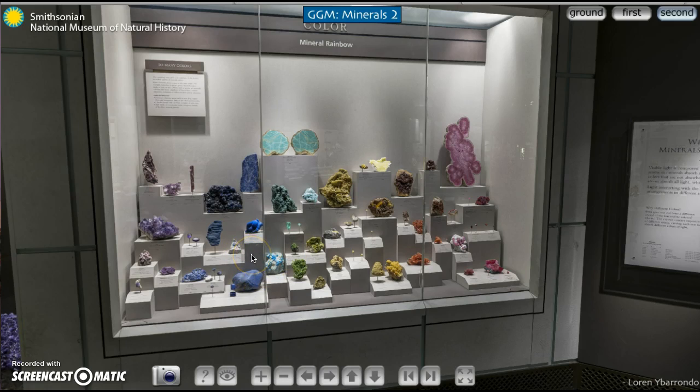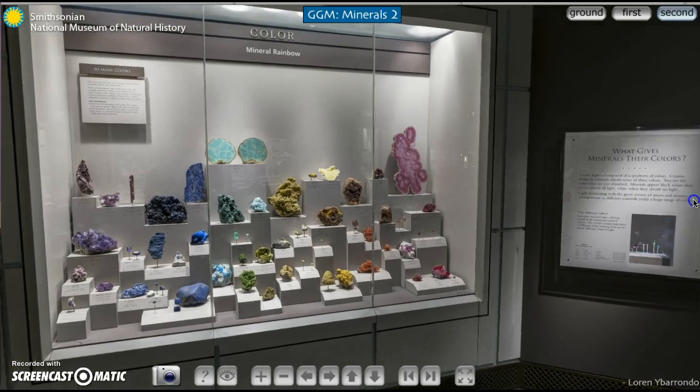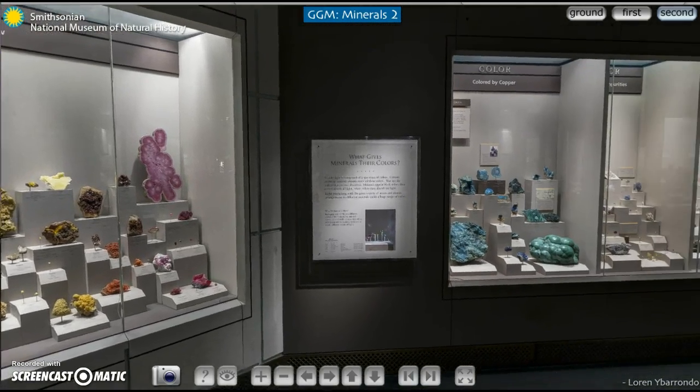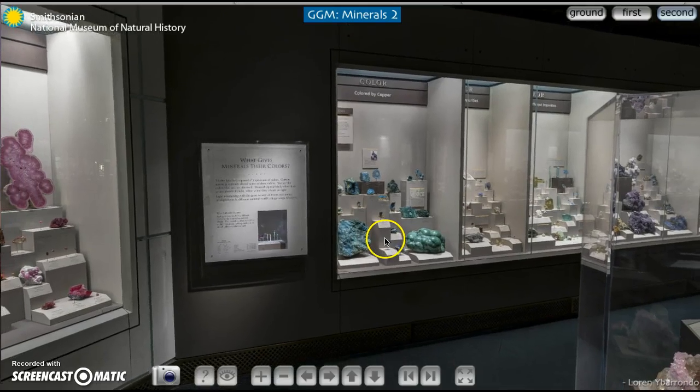Say you have a quartz and you add in iron, you're going to get a reddish quartz. Or if you have something that you add copper to, it's going to become bluish. If we look over here at the copper section, it will give you many examples of this.